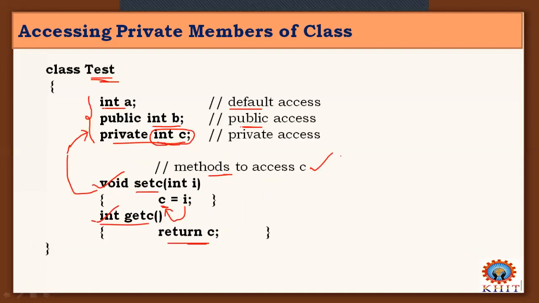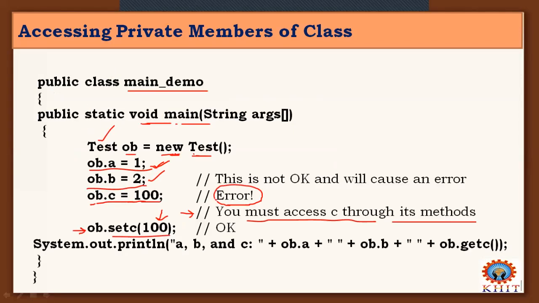This 100 is copied into i, and this i is assigned to c. This way I can access the private member of the class, because setC is a member method of the class. And like this we can display the same instance variable here.